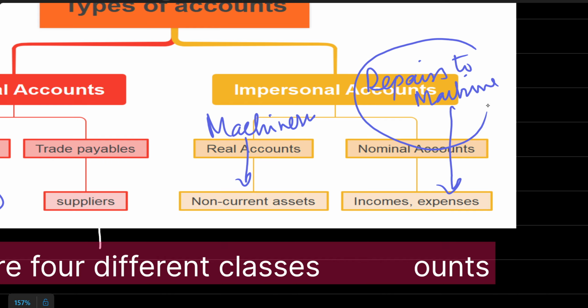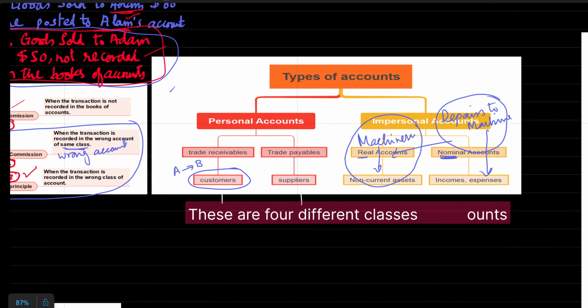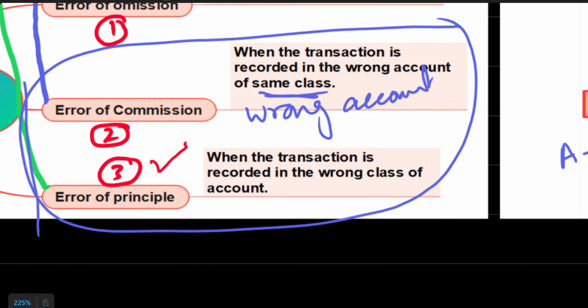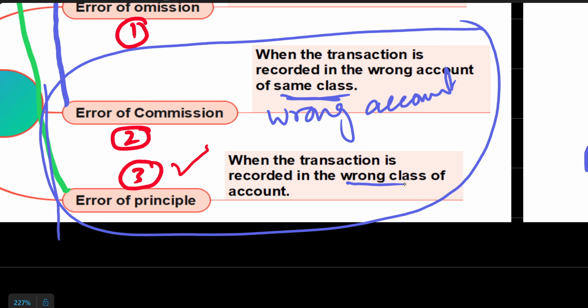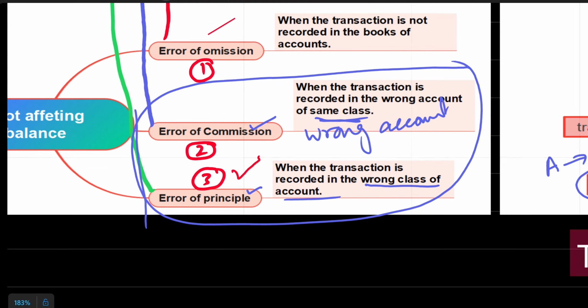So if an expense, a nominal account, is recorded in a real account, this is a wrong account as well as a wrong class of account. So students, if the transaction is recorded in a wrong class of account, this will be error of principle. If a transaction is recorded in a wrong account of the same class, this will be error of commission.